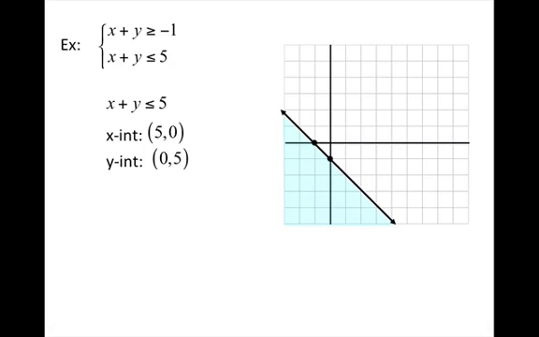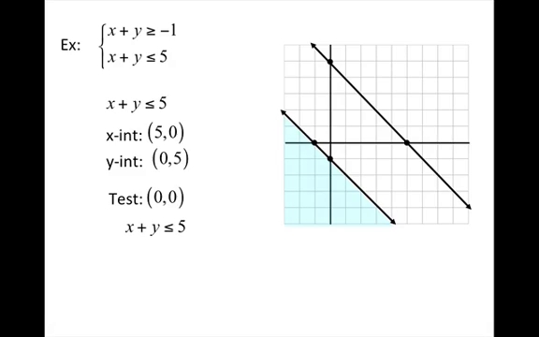For the next boundary line, let's go to x plus y is less than or equal to 5. I'm going to plot the points 5, 0 and 0, 5. This was also a solid boundary line, so draw a solid line through those. That line does not go through 0, 0, so I can test 0, 0.